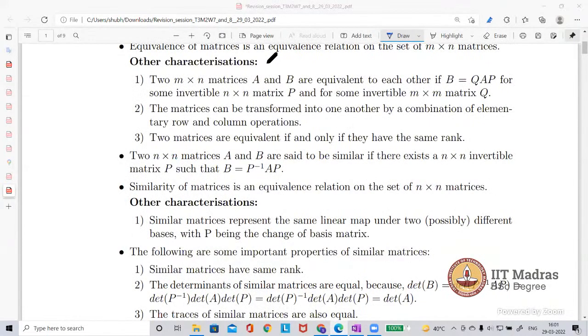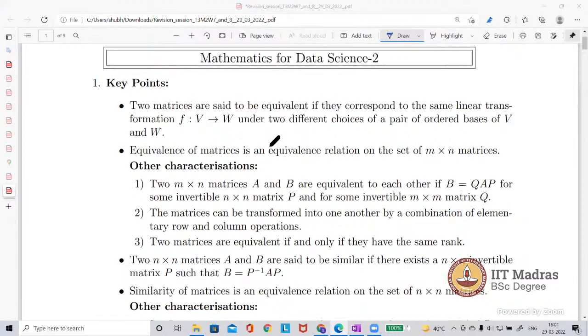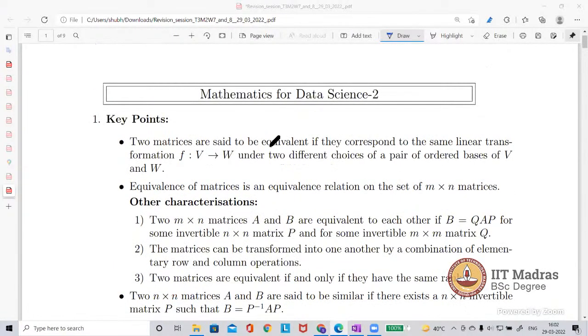Let me start with one simple definition, the equivalence of two matrices. The simple difference between equivalence and similarity: similarity of two matrices, if B is similar to A, in set form you would say similarity is a subset of equivalence.